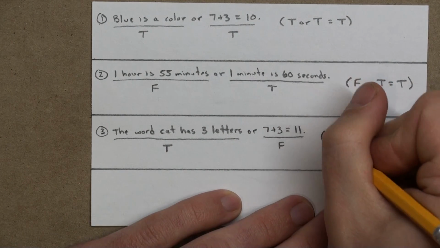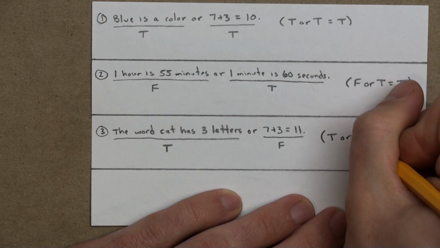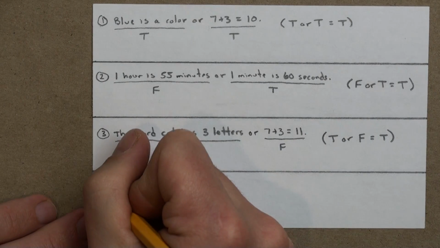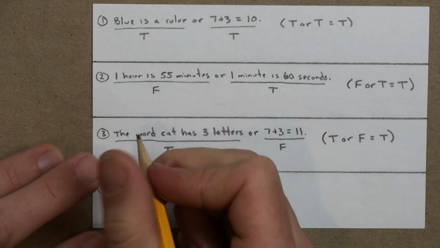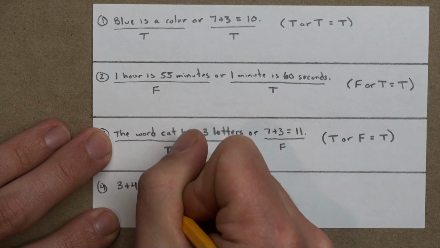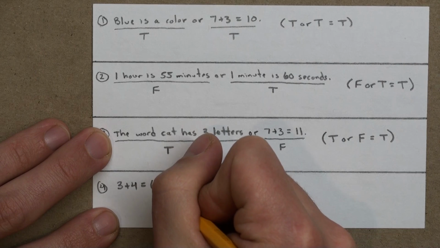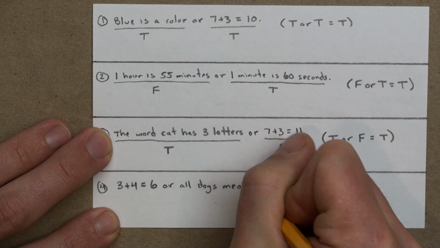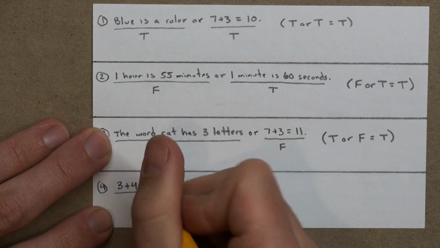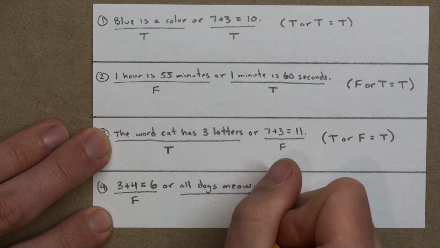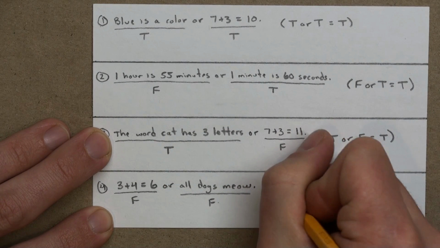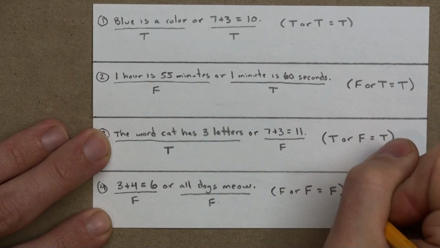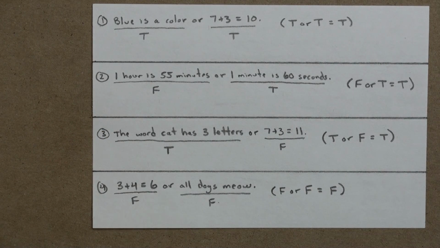But when we have a disjunction or an or statement, if we have at least one T, the whole thing is true. So finally, we can do one more example. Let's say 3 plus 4 equals 6, or all dogs meow. Well, we know 3 plus 4 equals 6 is false, and we know all dogs meow is false. So the only time an or is false is when both are false. Okay?